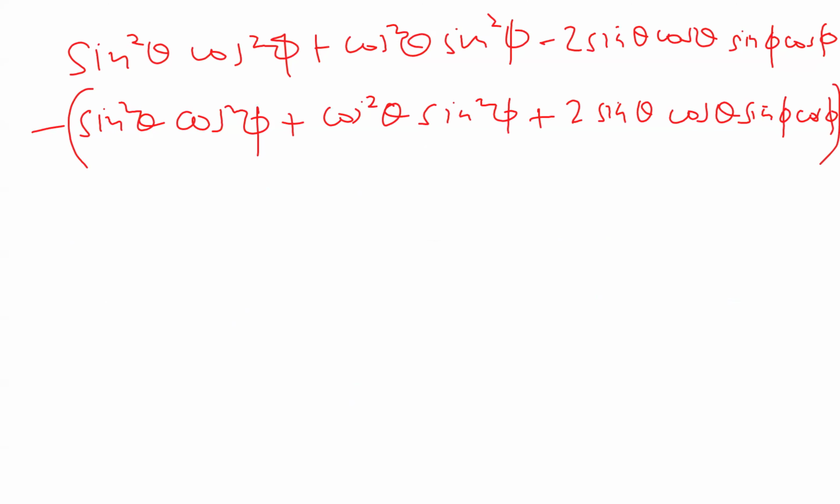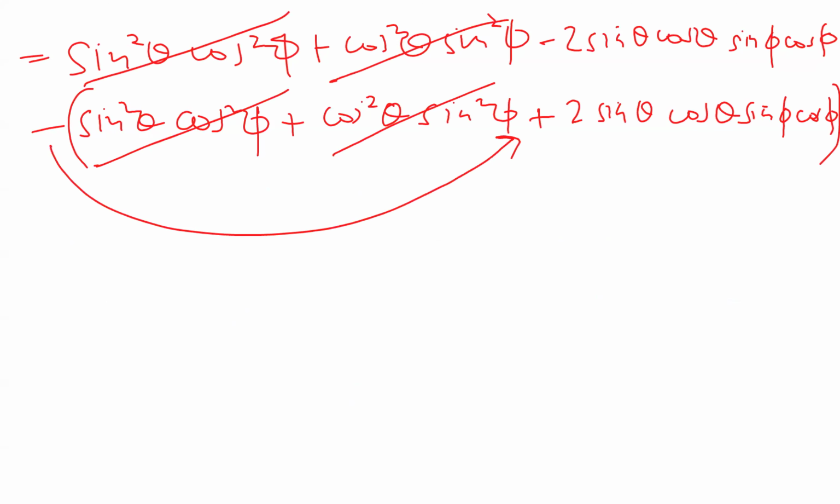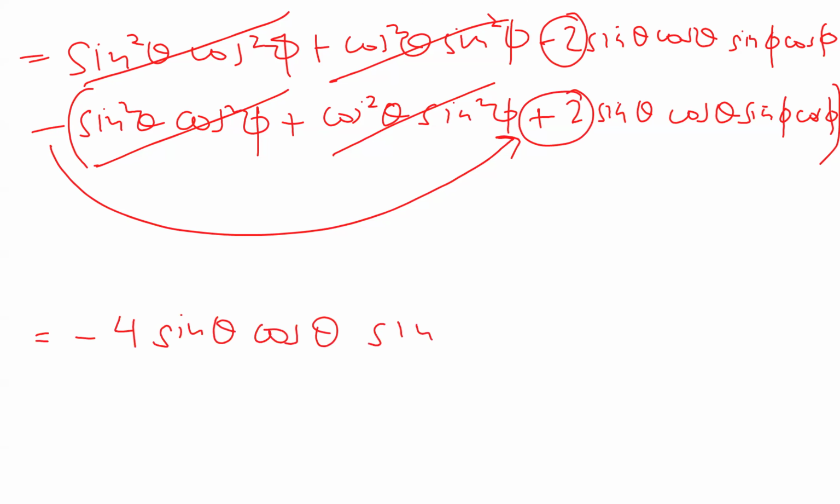Okay. So when you open these brackets, this and this will get cancelled. This and this will get cancelled. Minus and this plus is minus. So minus 2 and this minus 2 will become minus 4 sine theta cos theta sine phi cos phi.